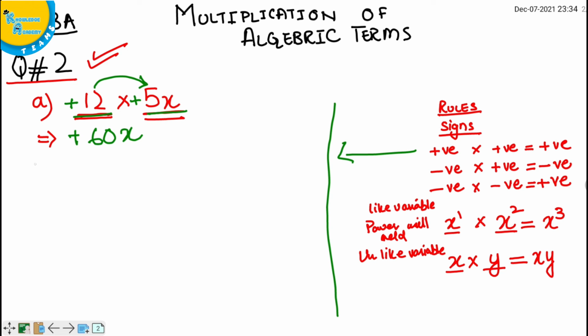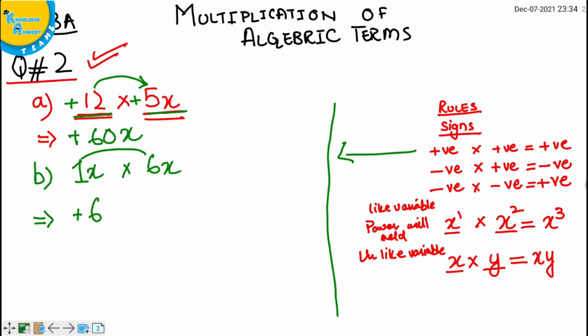Now question number 2b. As we can see, question number 2b is 1x multiplied by 6x. Both of the terms have the positive sign, so the answer will have the positive sign. We will multiply the coefficients: 6 multiplied by 1 is 6.